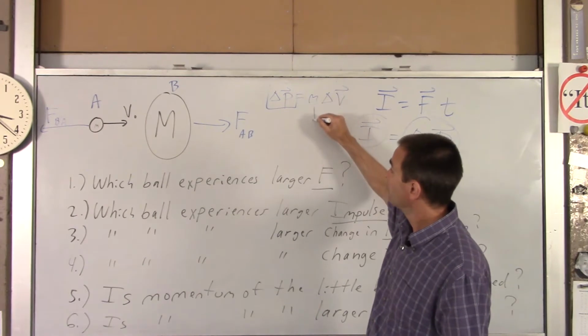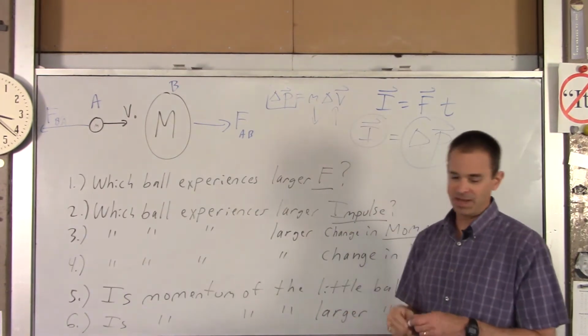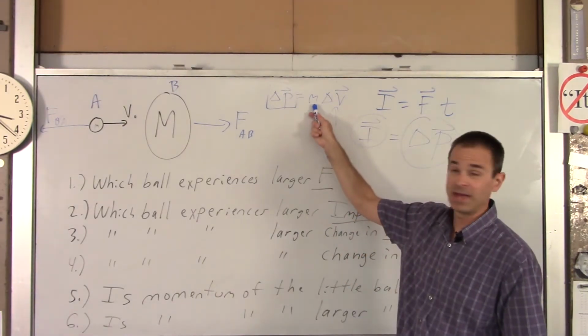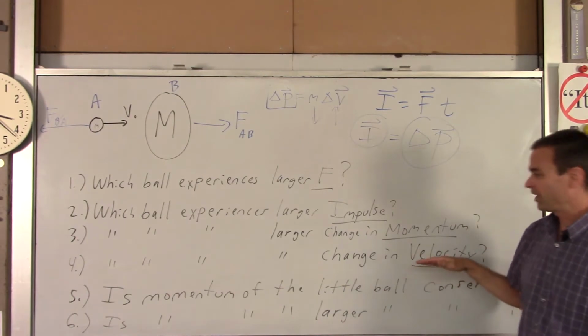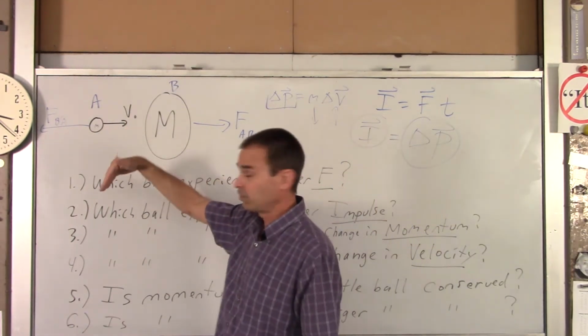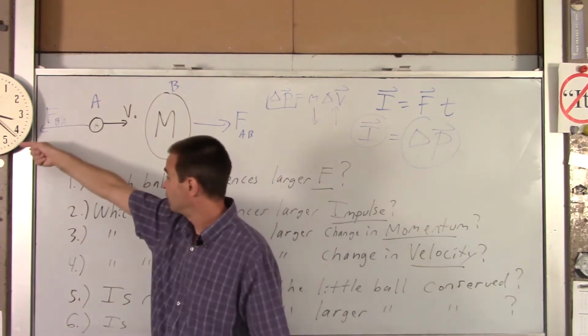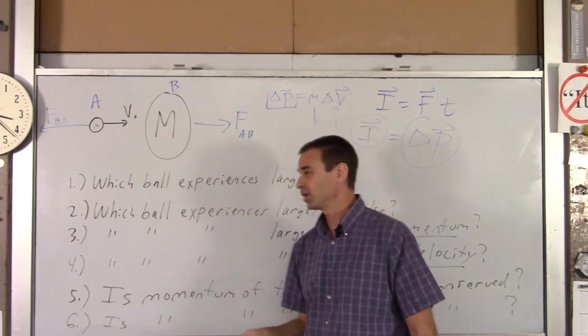The smaller mass is going to have the larger change in velocity, and vice versa. The larger mass will have the smaller change in velocity. So the ball that has the larger change in velocity is the little dude. We're going to show in a little bit that his final velocity is to the left at about v0. The big dude moves off very slowly, okay?